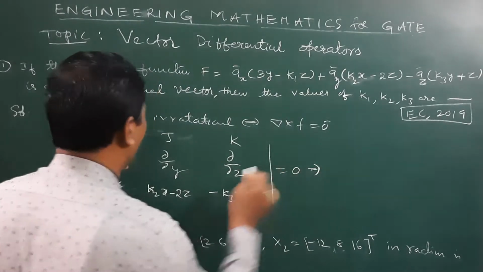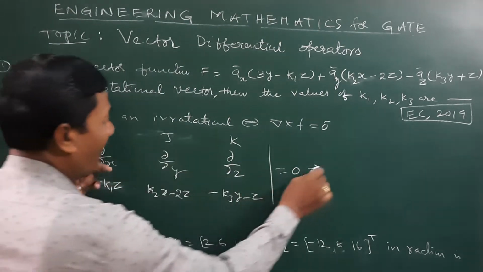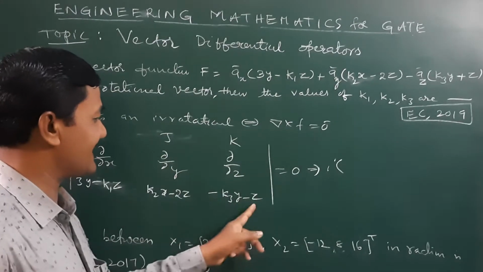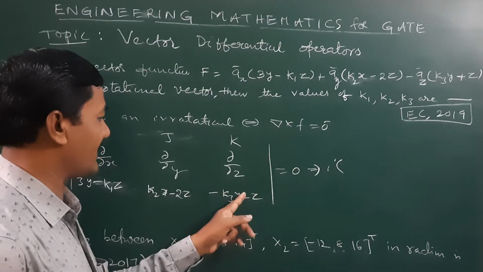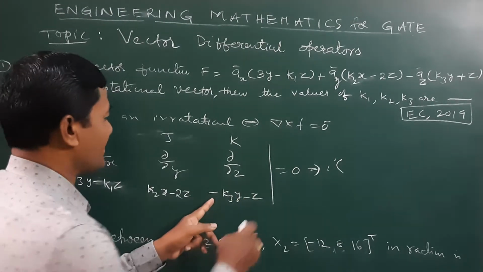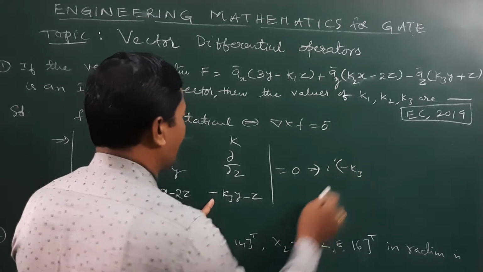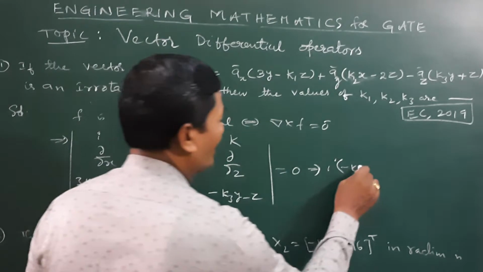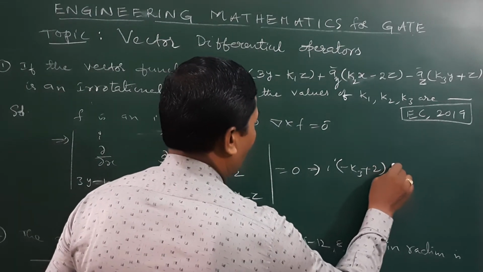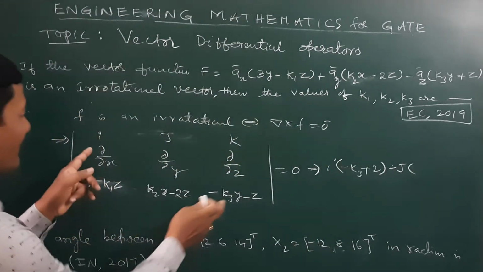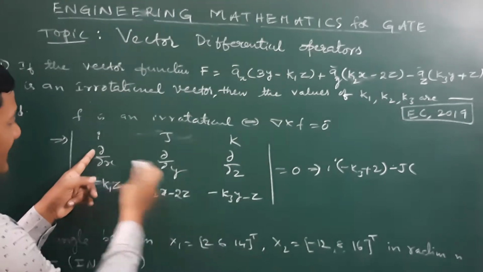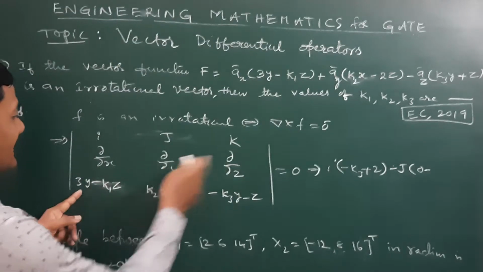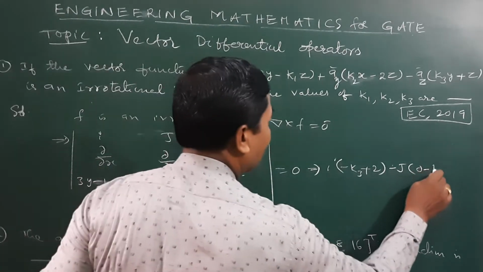Implies i times del by del y of minus k3 y minus z, minus del by del z of k2 x minus 2z, that is minus k3 minus minus 2, so minus k3 plus 2. Minus j times del by del x of minus k3 y minus z, which is completely 0, minus del by del z of 3y minus k1 z, that is minus of minus k1, so plus k1.